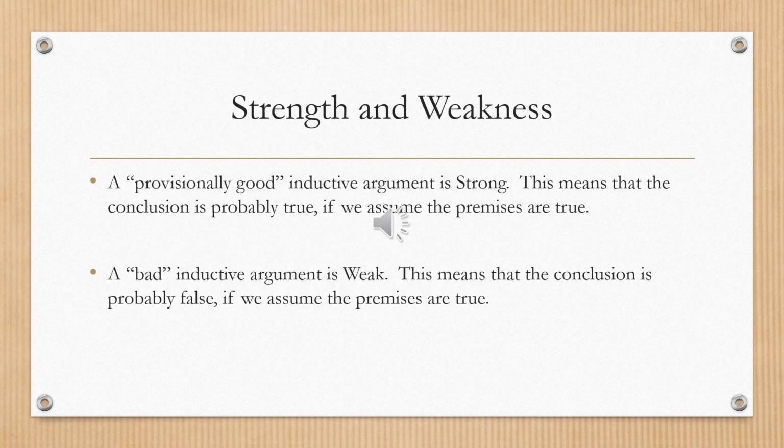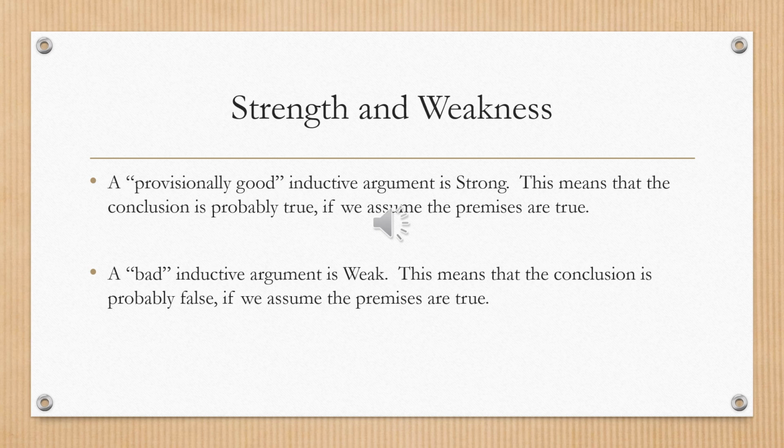The two evaluative concepts we're going to be using with inductive arguments are strength and weakness. We're going to start moving away from using the intuitive terms, good and bad, to talk about arguments, because those are really not very helpful. Usually when someone says an argument is bad, that just means I don't like the conclusion, and that's really not relevant.